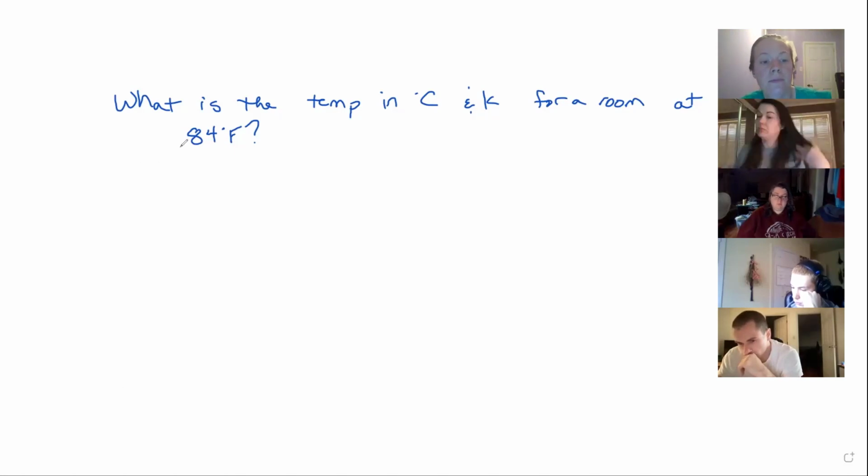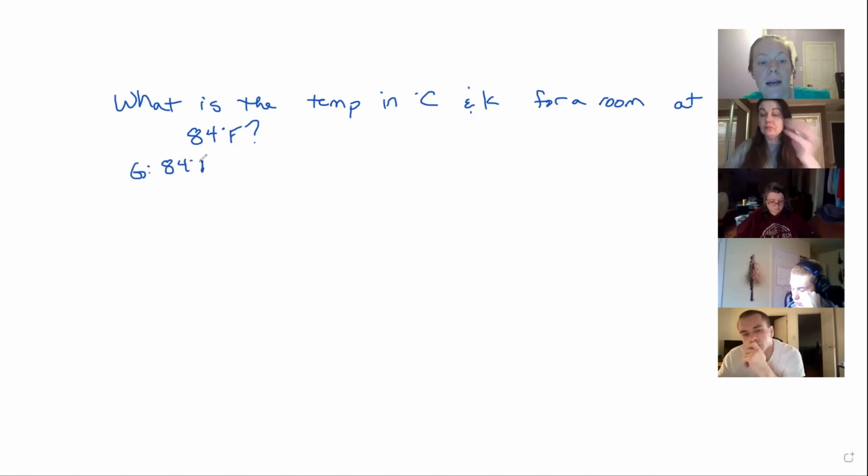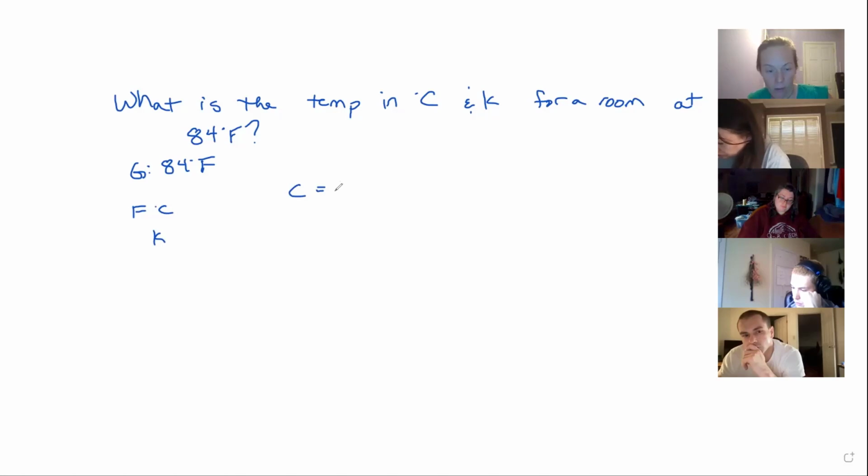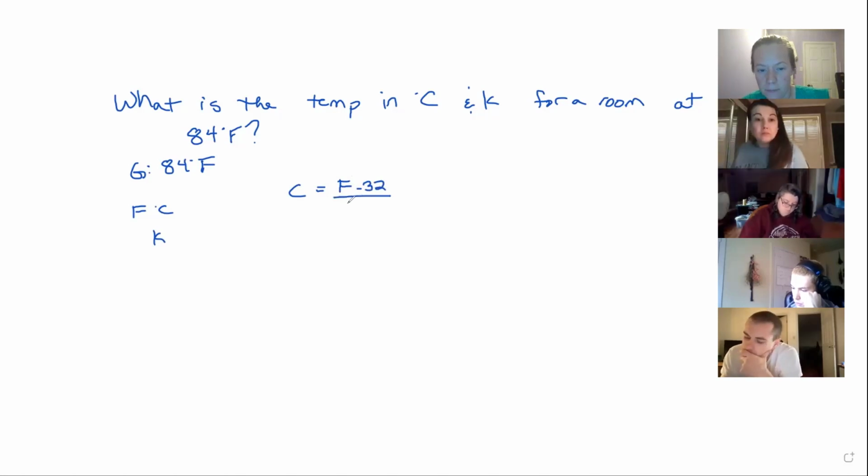Okay, so we're given that we have 84 degrees Fahrenheit. We want to find Celsius and Kelvin. So Celsius is going to equal our Fahrenheit minus 32 all over 1.8.